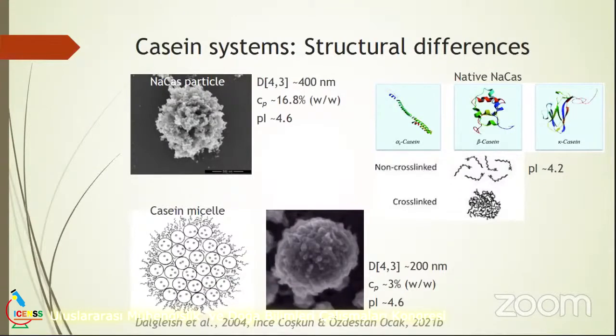All the casein systems are heat stable, and they have an amphiphilic nature. This amphiphilic nature makes them important as a surface active material. That's why I have chosen sodium caseinate systems. And these structurally different caseins show different functional properties in systems.